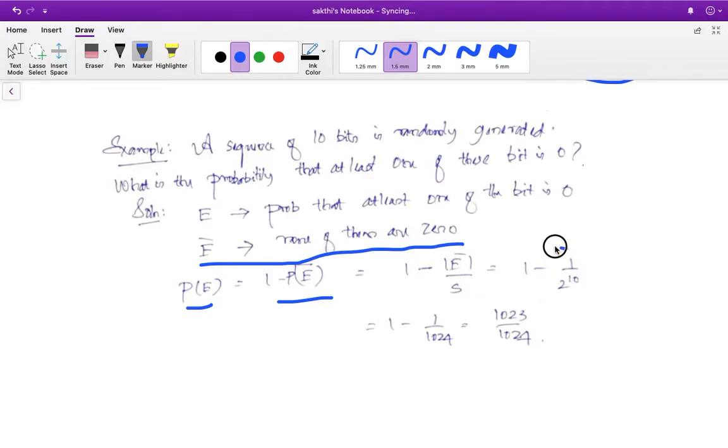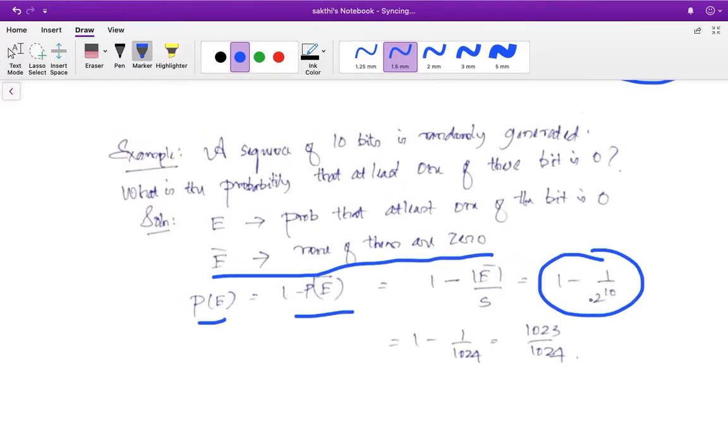So that is why we get this equation: 1 minus 1 by 2 to the power 10, and that is nothing but the probability of at least one of the bits being 0. And 2 to the power 10 is 1024, so you will get the value as 1023 by 1024, and that is the probability of getting at least one bit as 0.